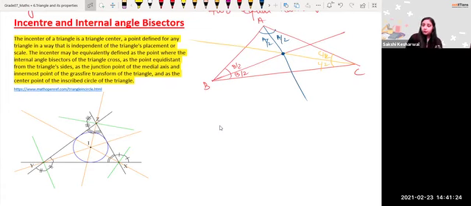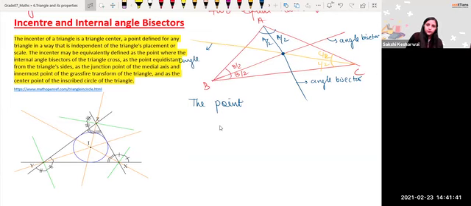So we see the point of concurrence. This is an angle bisector, right? This is an angle bisector, and this is going to be, beta, an angle bisector, right?